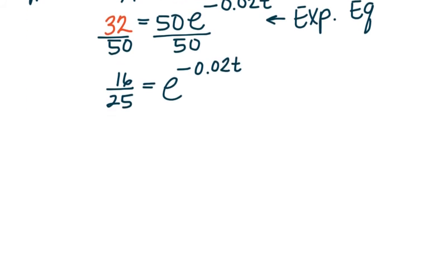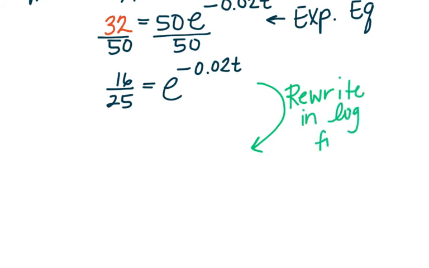And now we're ready to go ahead and do the rewrite. So we're going to take this equation, which is currently in exponential form, and we're going to rewrite the equation in log form. So once again, the base of my logarithm is going to be e. That would be log base e of 16/25.